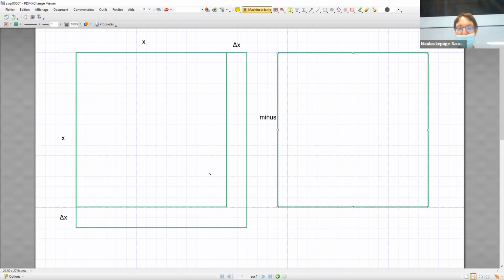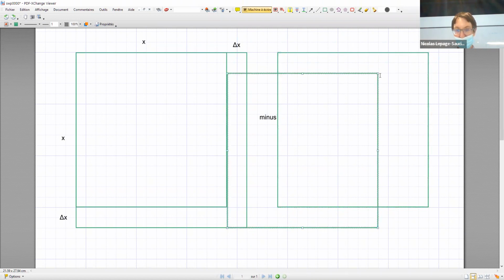So what do I have left? Well, let's have just this small tiny thing there to get a sense of what's going on. If I take this minus this, I lose the big square. The big square is my starting point. What I care about is the change. So how is my square extending if I extend both sides by delta x?